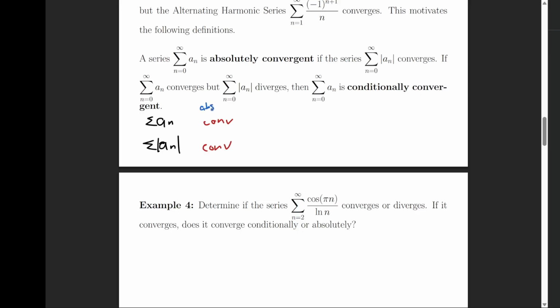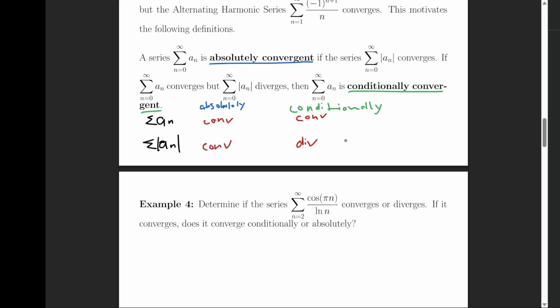So absolutely convergent is this one right here. And if it converges normally but diverges when you take the absolute value, then that's conditionally convergent. This one right here. So yeah, I'll do an example.